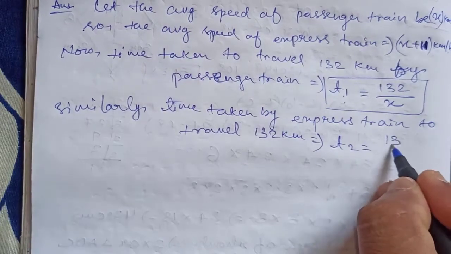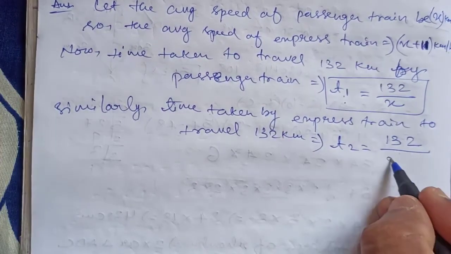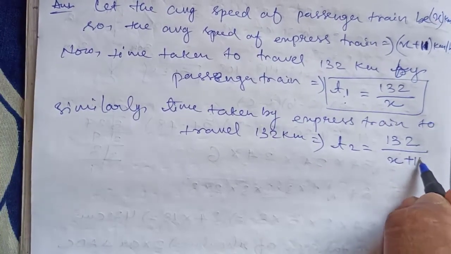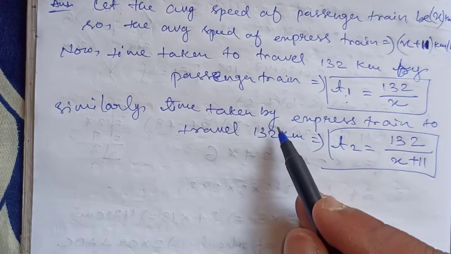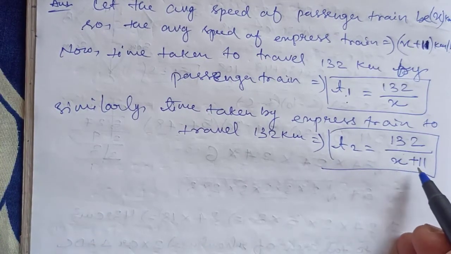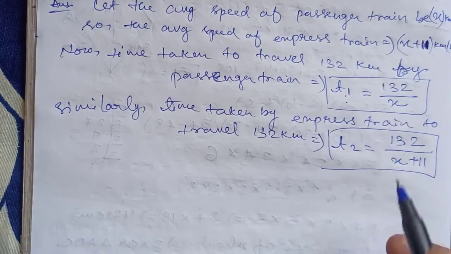What is the distance? Distance is 132, same for both the trains. What is the speed of express train? Express train goes by x plus 11 km per hour extra. Okay, so time taken by express train is T2 equals to 132 by x plus 11 and time taken by passenger train is T1 equals to 132 by x.